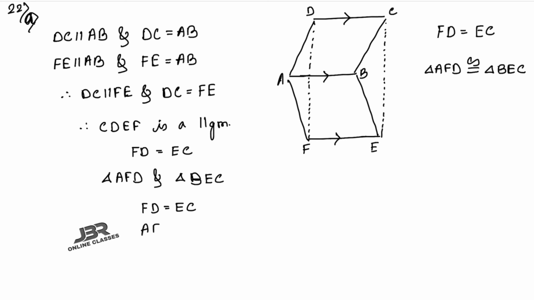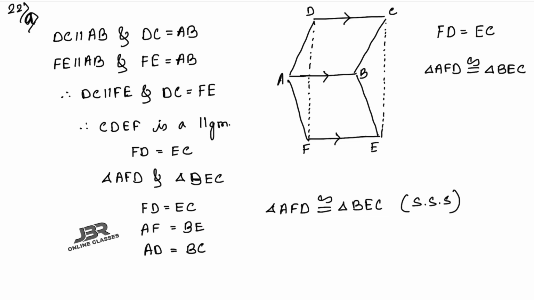Next condition here AF is equal to BE because opposite sides of a parallelogram are equal. And the third one here AD is equal to BC. So triangle AFD congruent with triangle BEC by SSS rule.